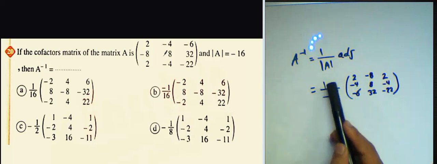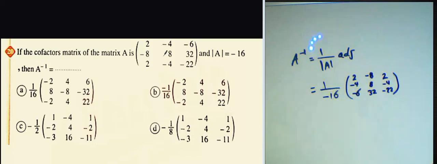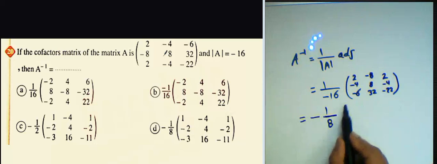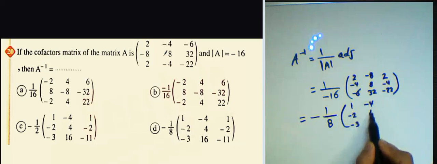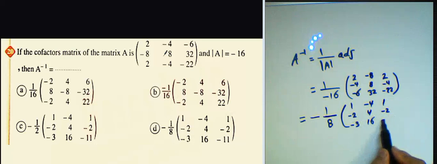Multiplication by 1 over -16, it will be 1 over 8, -1 over 8, and here 1 and -2 and -3, -4 and 4 and 16, 1 and -2, -11. Choose letter D. Understood?